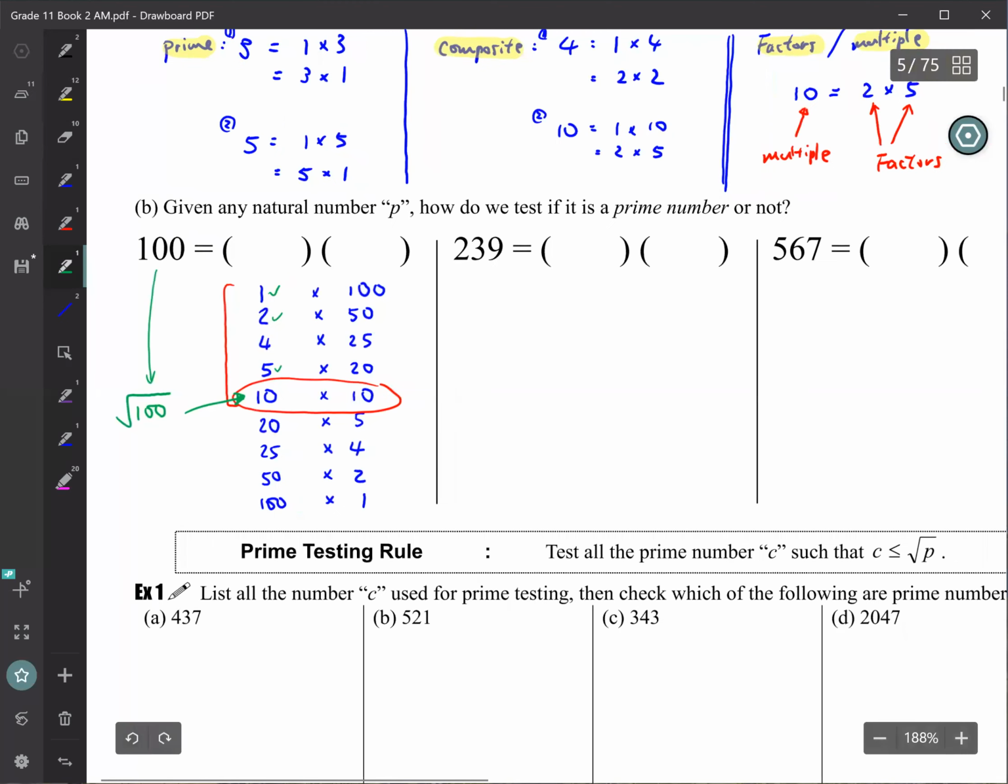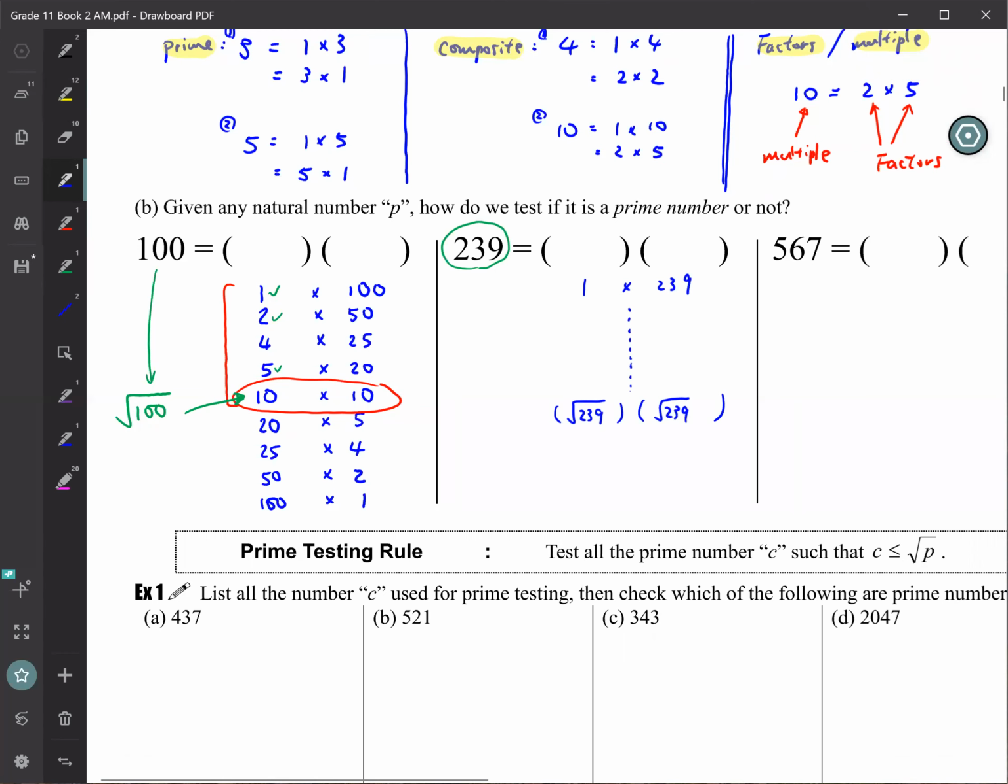So we'll try an example. For example, I want to check 239. Of course I know it will start with 1 times 239, but I want to see if there's another pair that could work. In the middle, I know everything after the square root of 239 will be the same as the ones before.